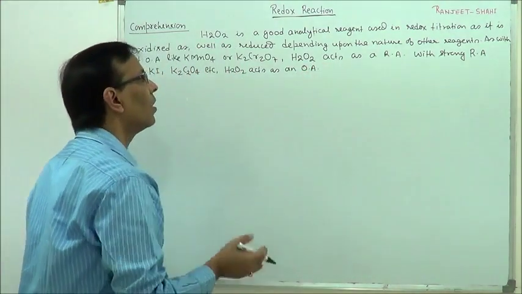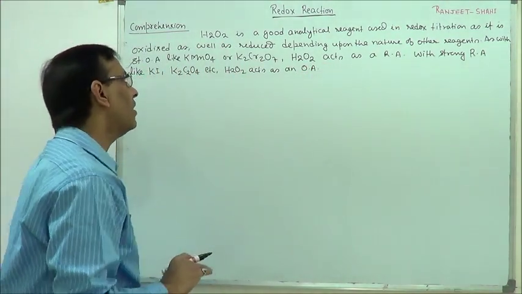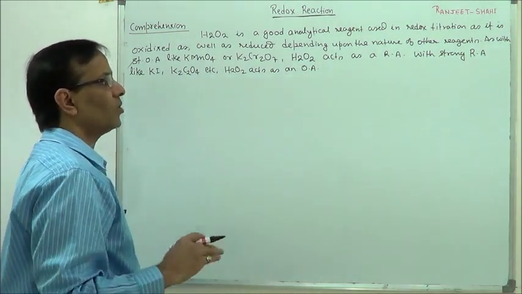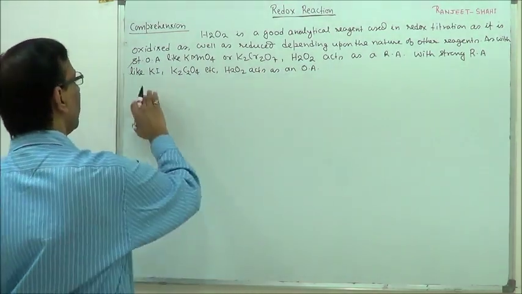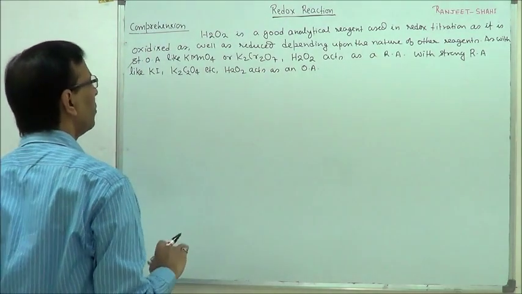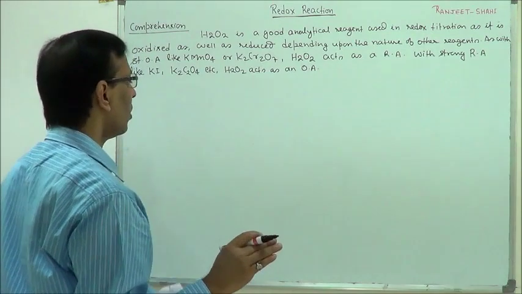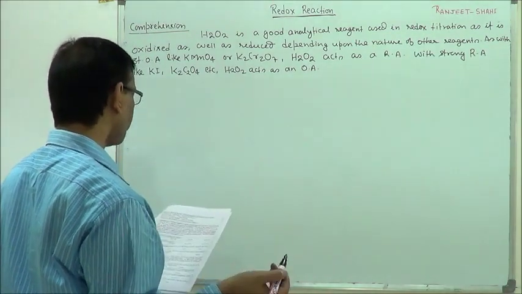So with strong oxidizing agent, it acts as a reducing agent, and with strong reducing agent like potassium iodide, K2C2O4, it acts as an oxidizing agent.